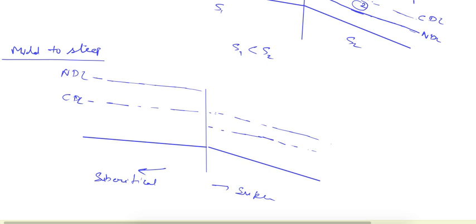At this point, as the slope changes, it will again try to attain its uniform depth. So if it is coming at a uniform depth here, it will try to change, touch the CDL line here, and again go for the NDL line here.